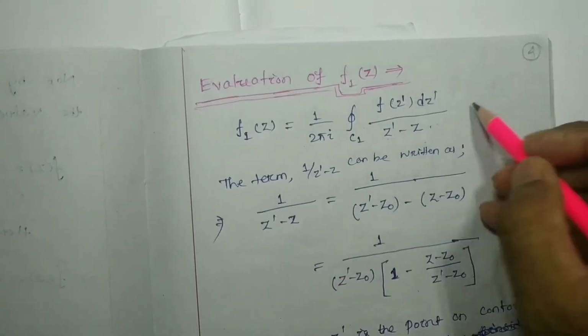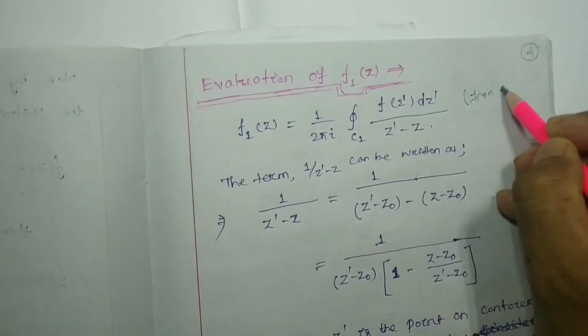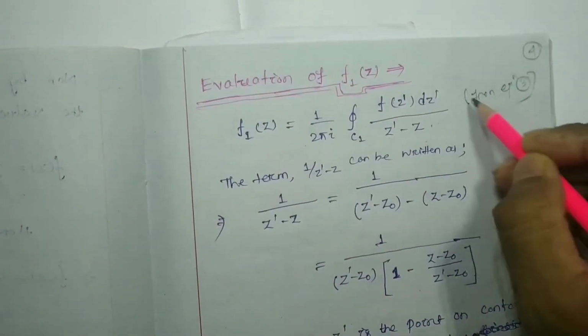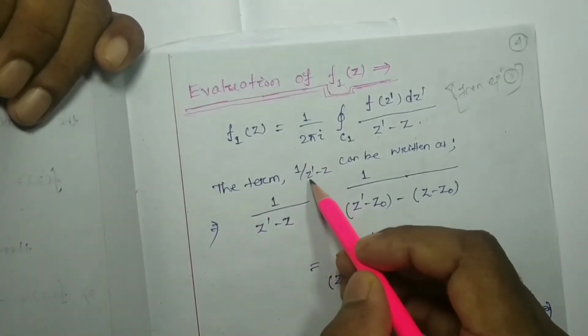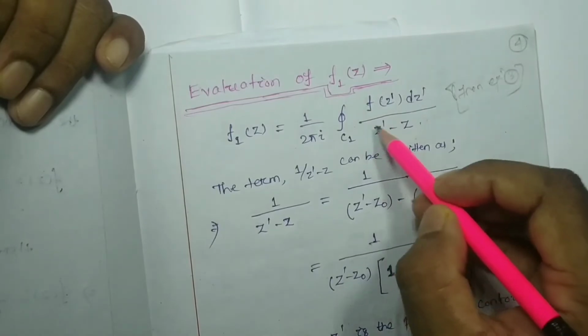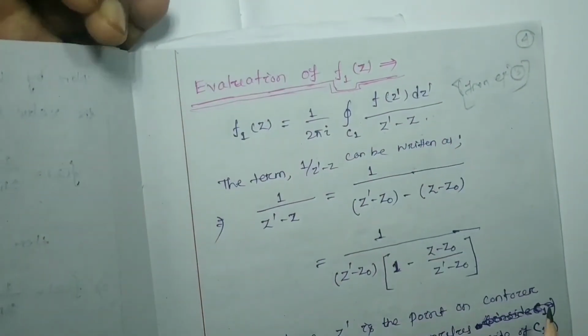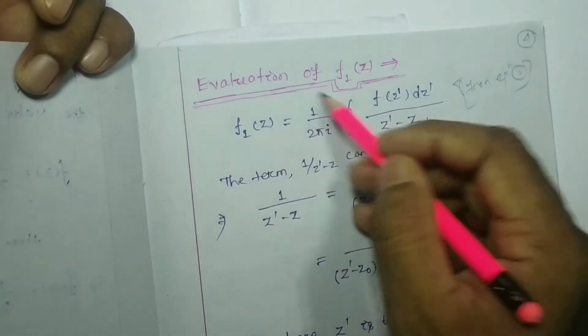Then we have to find out the term 1 by (z dash minus z). First we have to find this out, then automatically we can find this one.